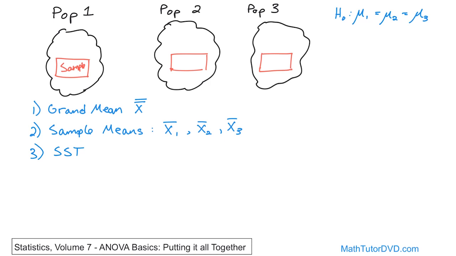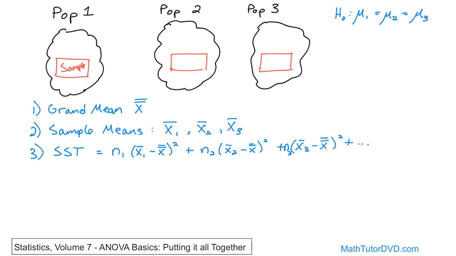And the way that we calculate that is n sub 1, I'm going to write it out like this instead of with a summation symbol, times x bar 1 minus the grand mean squared, plus the number of samples that we took from population 2, n sub 2, times x bar 2 minus x double bar squared, plus n sub 3 times x bar 3 minus x double bar squared, plus dot dot dot, depending on how many populations you have.